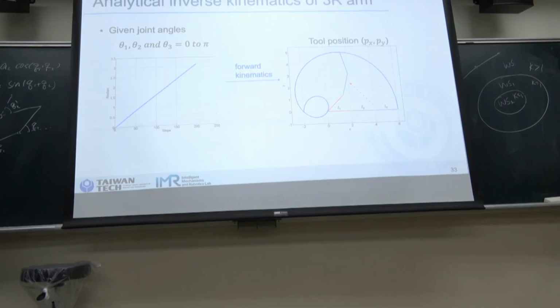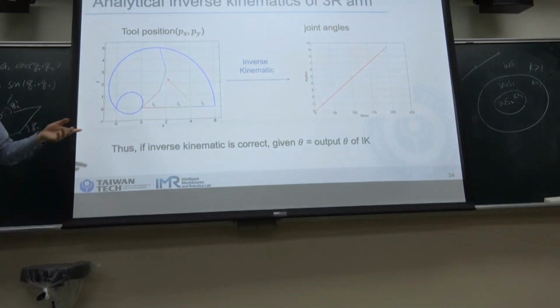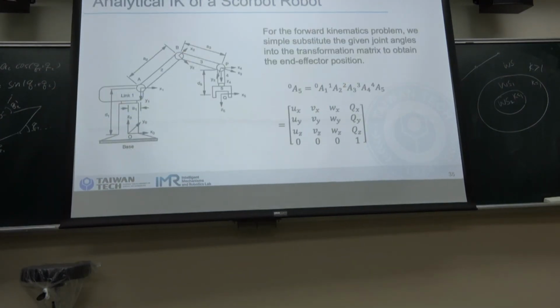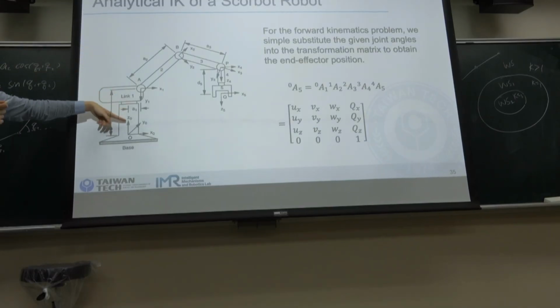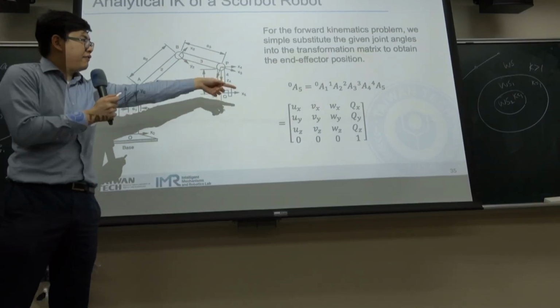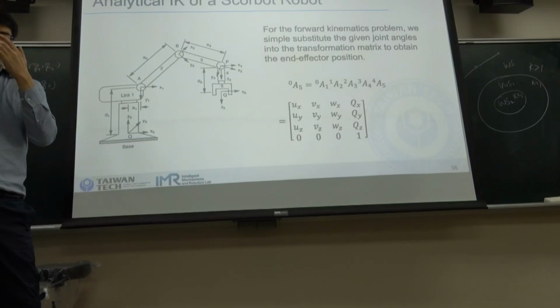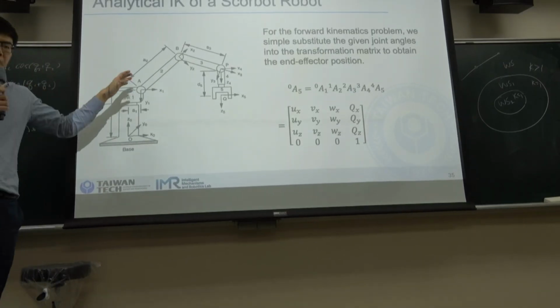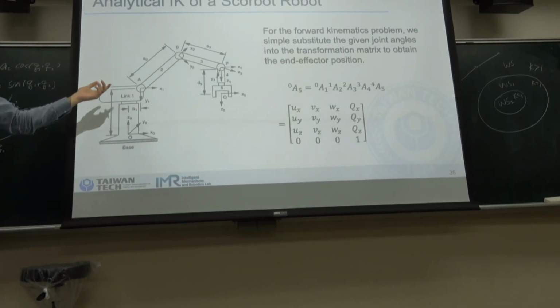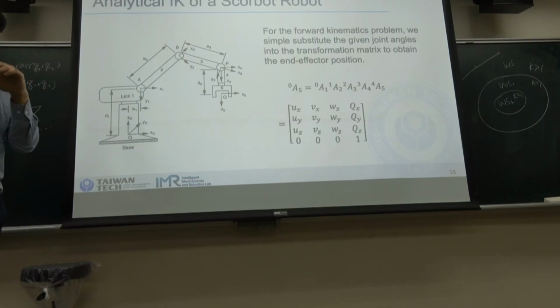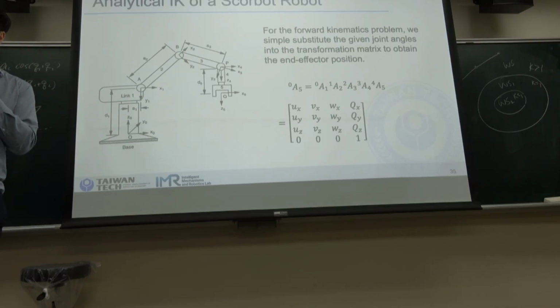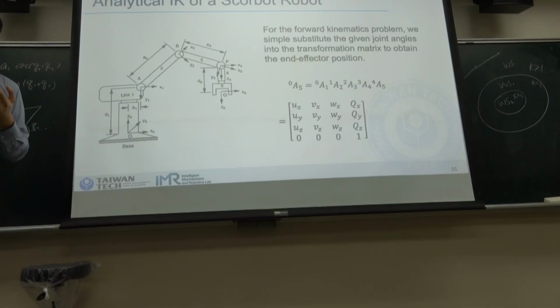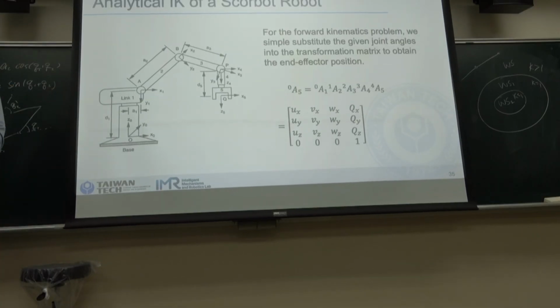In the slides we only taught the planar robots, up to 5 degree of freedom robots. For the homework, you will be deriving the 6 degree of freedom robots, which is the general industrial robot. But for the midterm, I think the maximum will be 4.